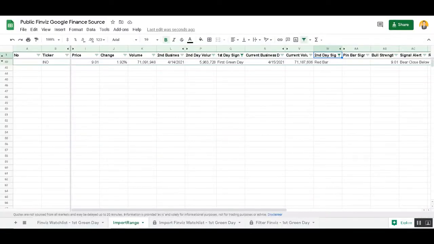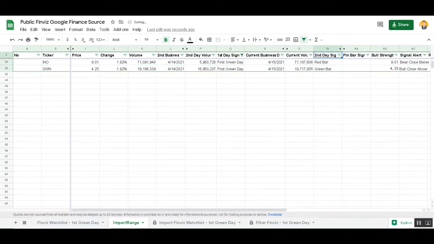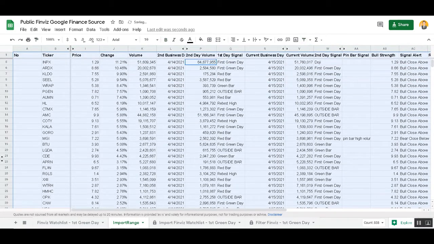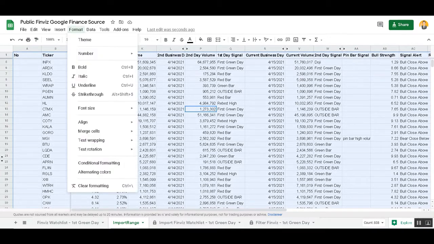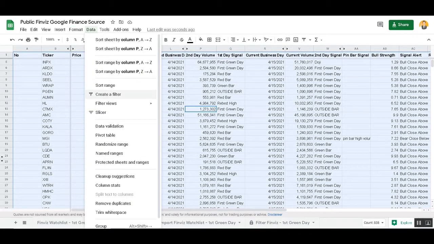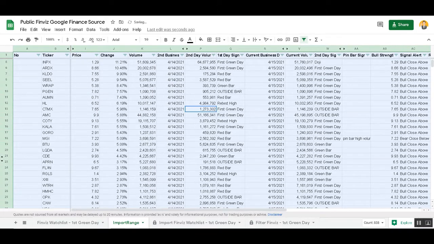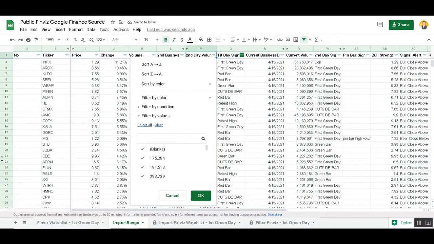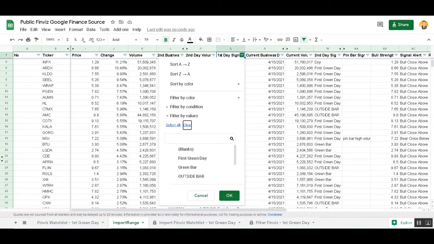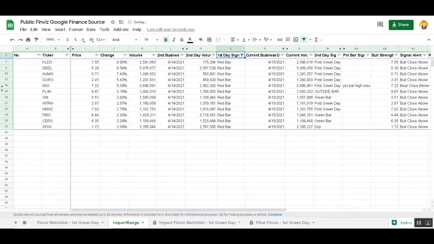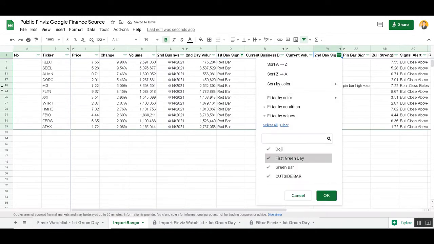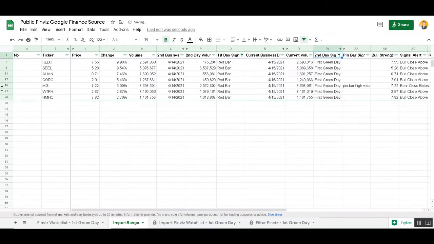Or I have to do this again, then look for strength like a red bar, then my signal, bullish.